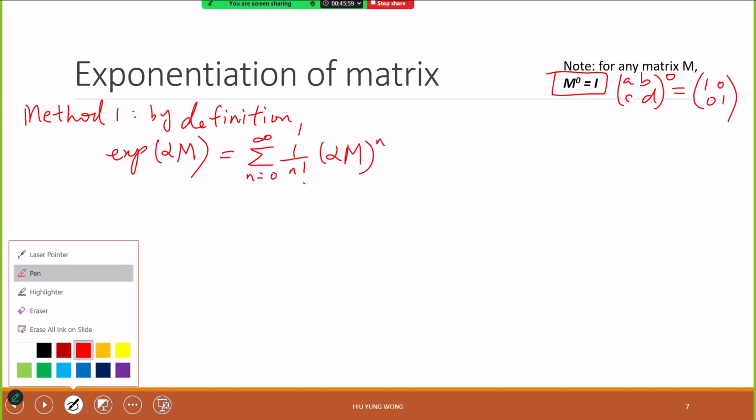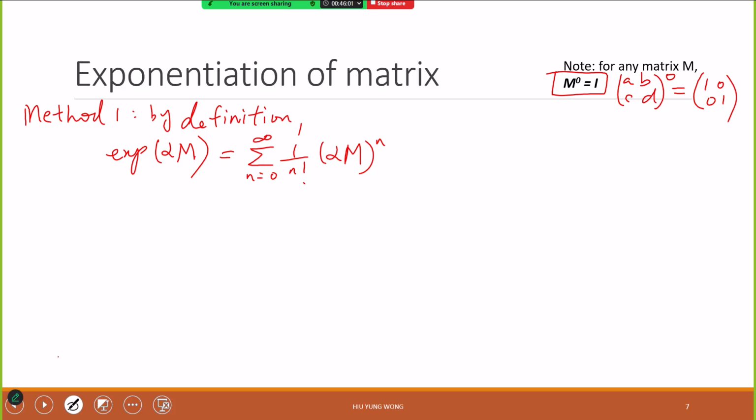I don't know if you remember this equation, but if you remember, e to the power x is just equal to the summation from n equals 0 to infinity of 1 over n factorial, x to the power n. If you forgot, try to take a look and check it. This is also the Taylor expansion.